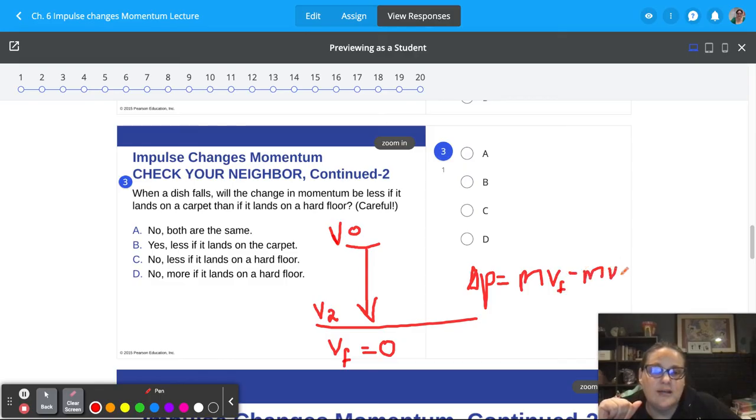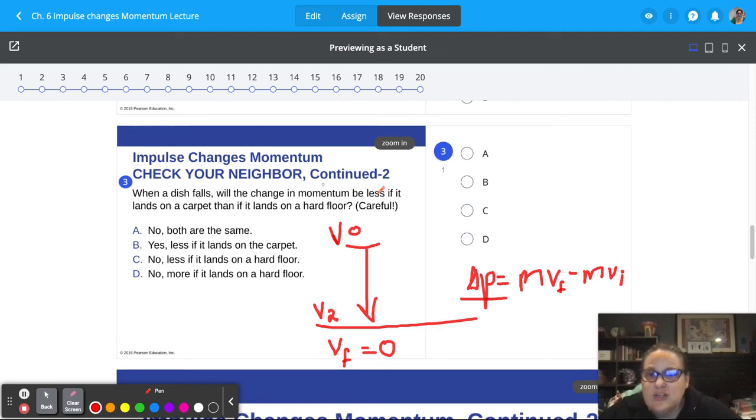So the initial velocity would be whatever the speed is right before impact, so v2, and then final velocity would be 0 if we're talking about something that's stopping. So this change in momentum will be constant regardless of how the object stops, because the determination for change in momentum is simply that velocity goes from some value to 0.